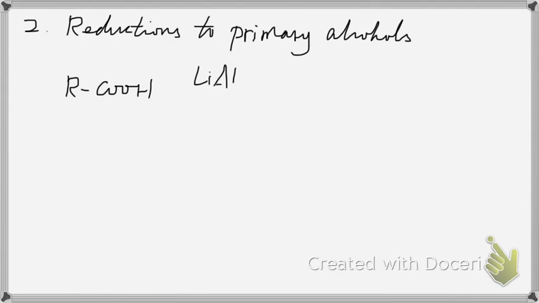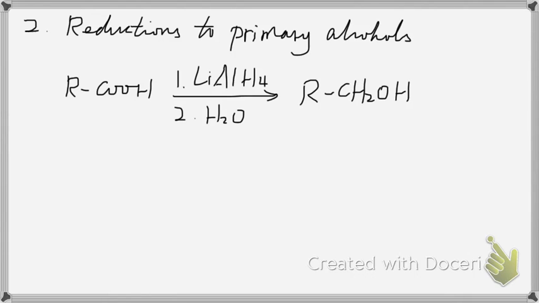The second reaction for carboxylic acid will be reductions. The first reduction we will look at is the reduction to primary alcohols. And we've learned this before. Carboxylic acids can be reduced to primary alcohols, but we need a very strong reducing agent, such as lithium aluminum hydride.